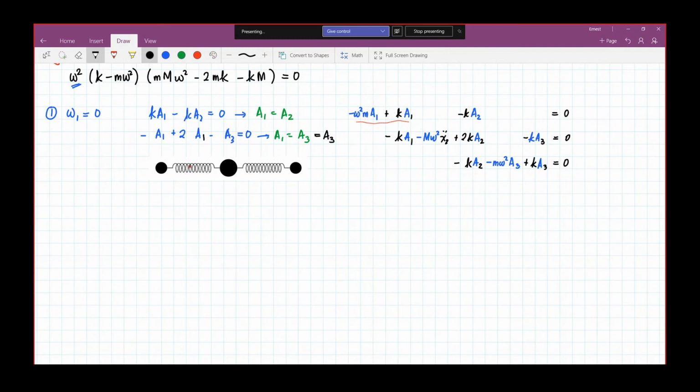So the resulting motion is that when the left and the right particle move to the right with equal amounts, x2 will follow. So the resulting motion is a pure translation.